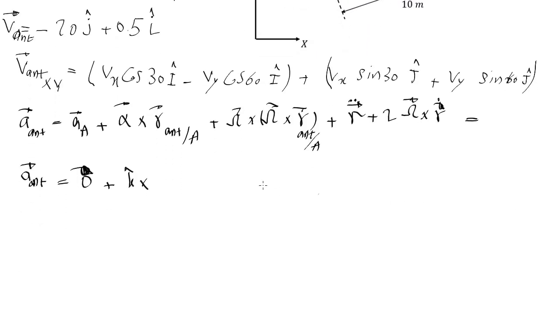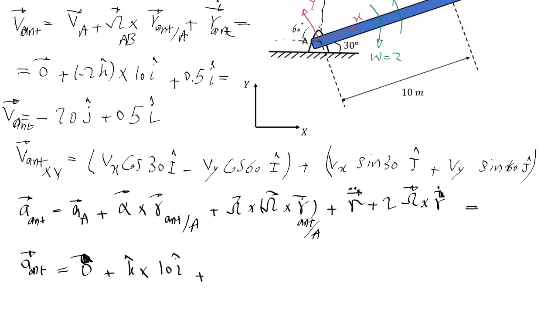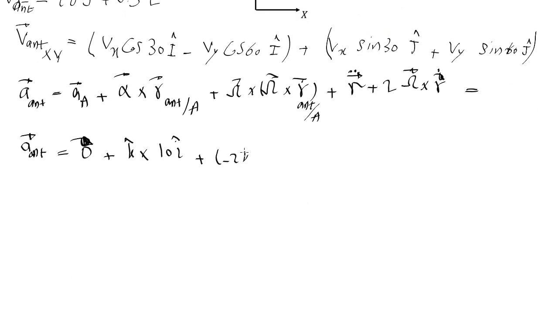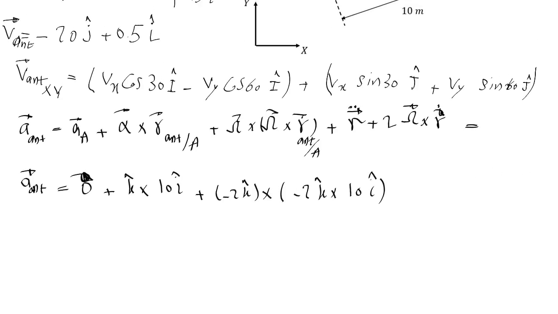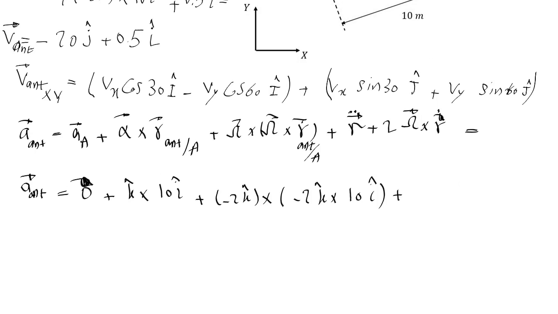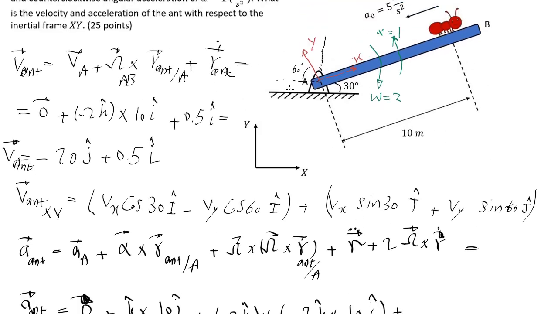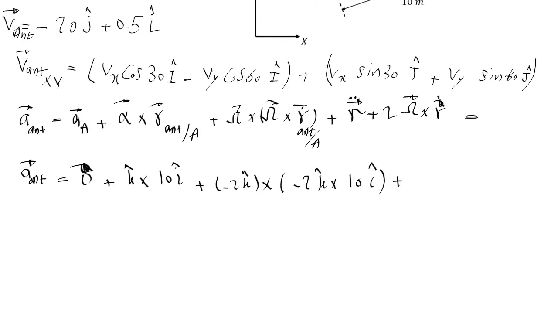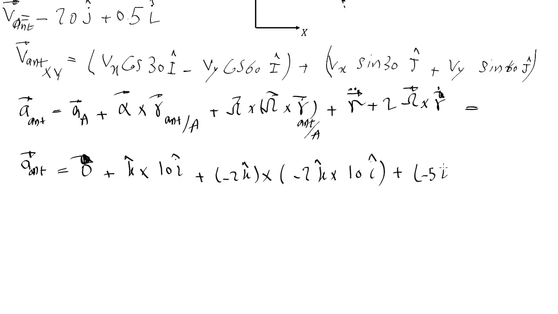So that's going to be 10I, plus omega, which is minus 2k, cross minus 2k cross R, which is 10I, plus R double dot, that's the relative acceleration of the ant with respect to the rigid body, which is minus 5 in the I direction, plus 2 omega cross R dot.